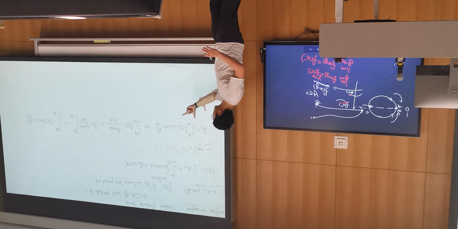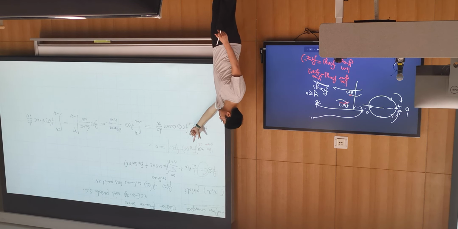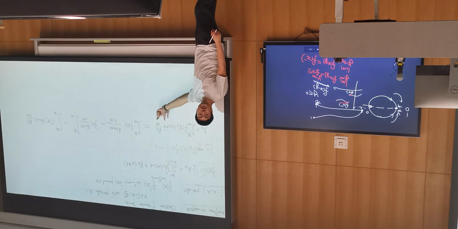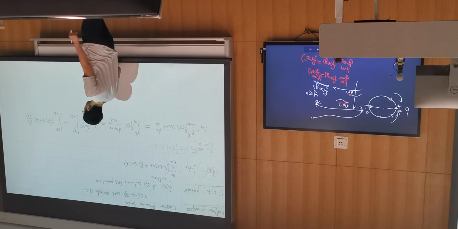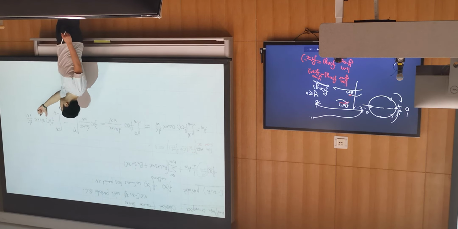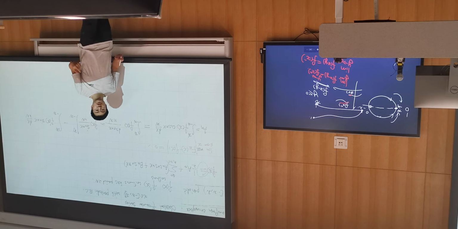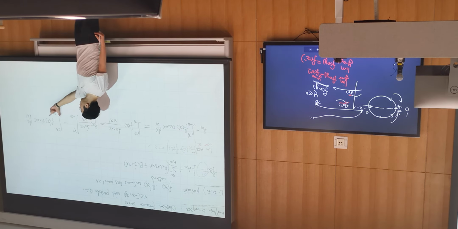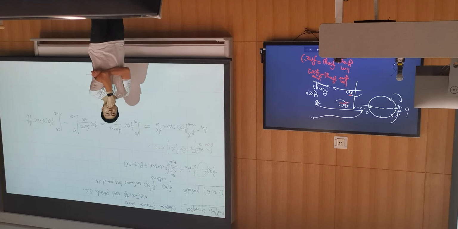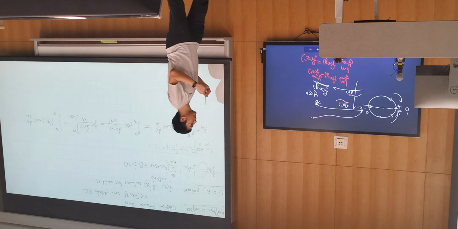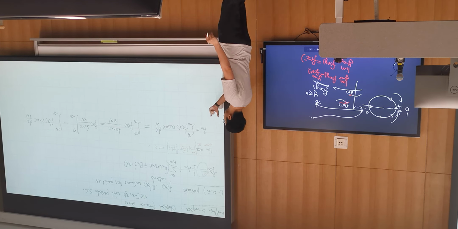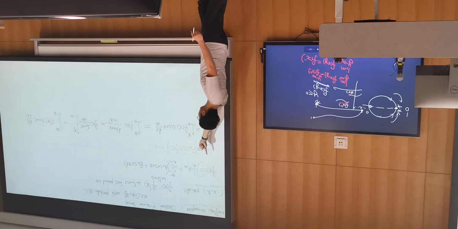But you see, this guy is the Fourier coefficient for cosine nx, which is exactly the inner product between f(x) and cosine nx. And this guy is the inner product between f prime(x) and sine nx. The inner product between f(x) and cosine nx leads us to the Fourier coefficient a_n for f itself.